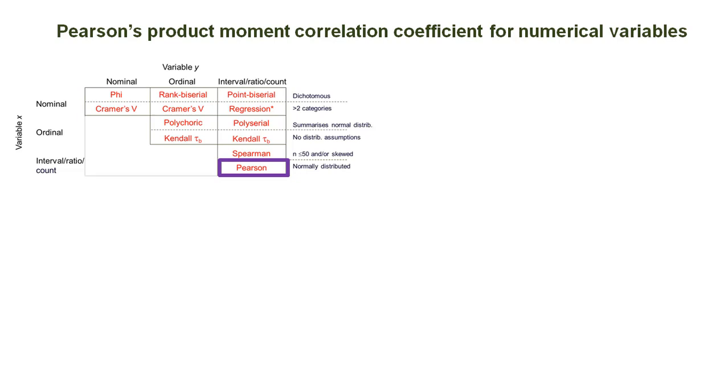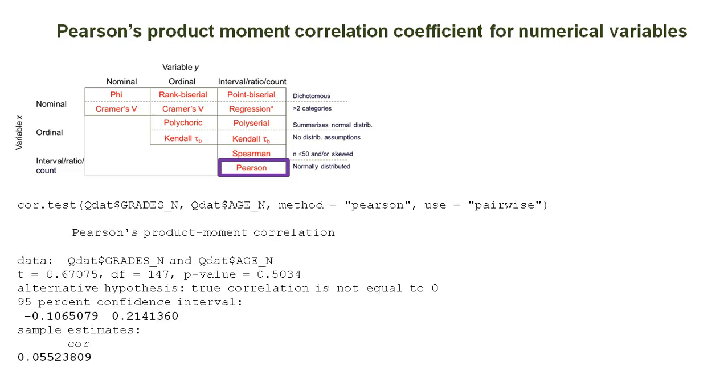The same example with grades n and age n is now repeated using Pearson's product moment correlation coefficient. This assumes the data are normally distributed. The command cor.test is used.